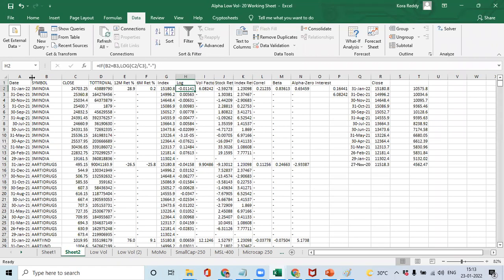This is stock returns each month, index returns each month. I just have taken the lookup of that index. So I have index values for each month. Index returns and stock returns and beta and alpha.